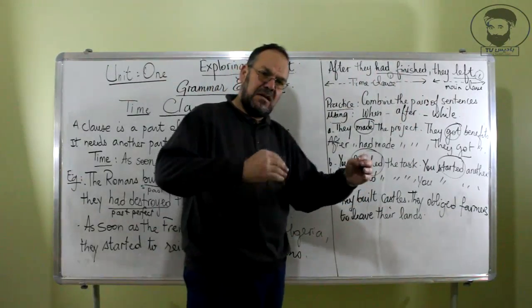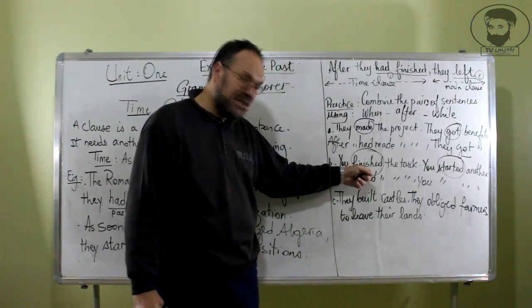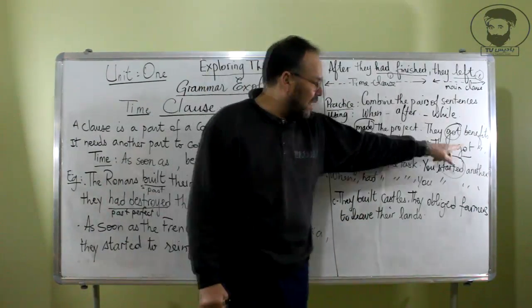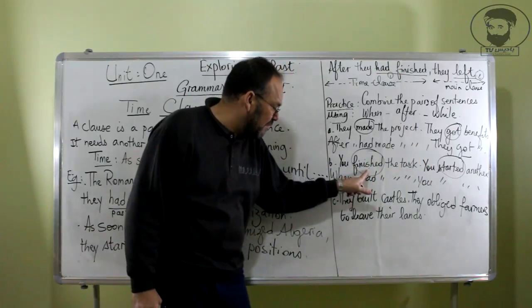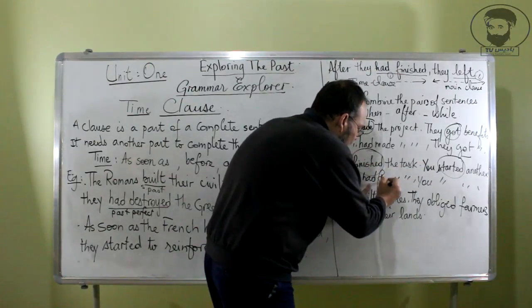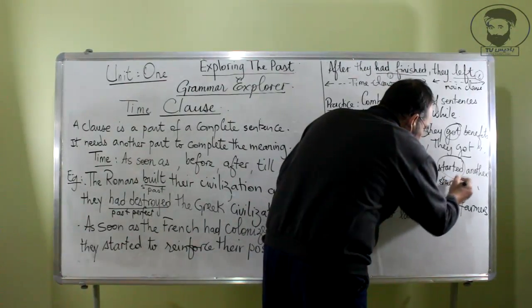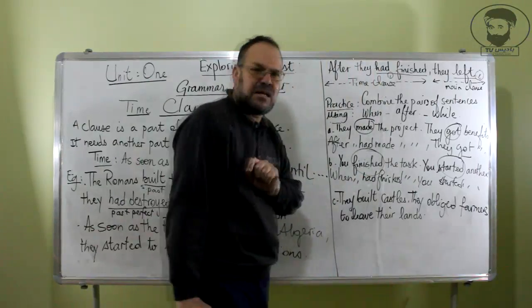When it's an action, then after another action. So first you have got to finish the task, and after go to another one. So this one, because it is the first one, is written in the past perfect: had finished. So they started a new task as a second step.